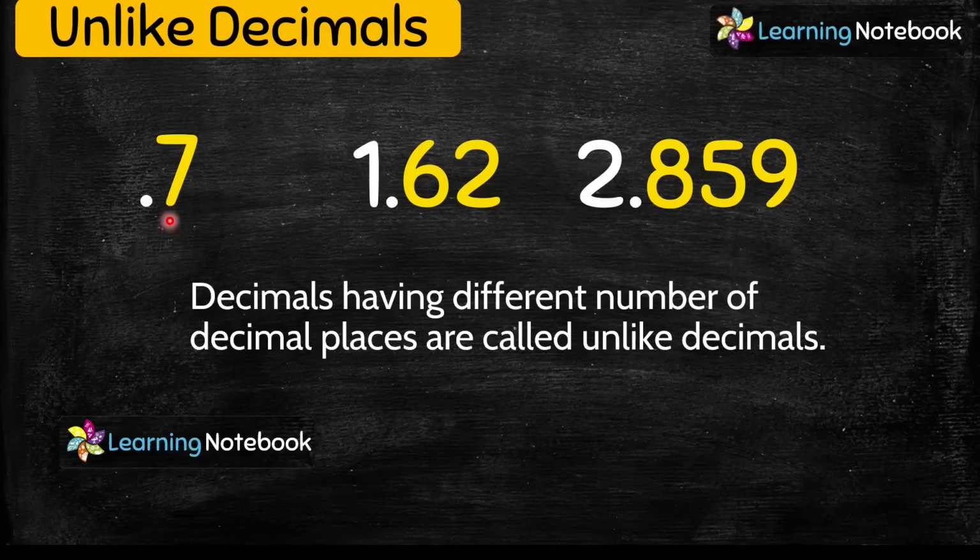Like first decimal number has only 1 decimal place. Second decimal number has 2 decimal places, while the third decimal number has 3 decimal places. So all these numbers are unlike decimals.